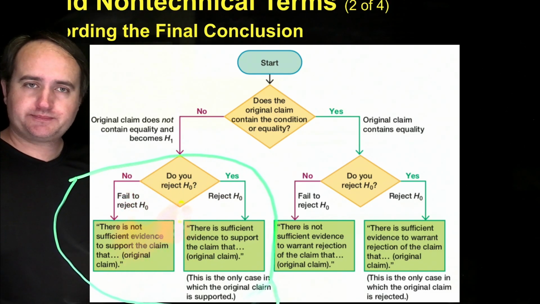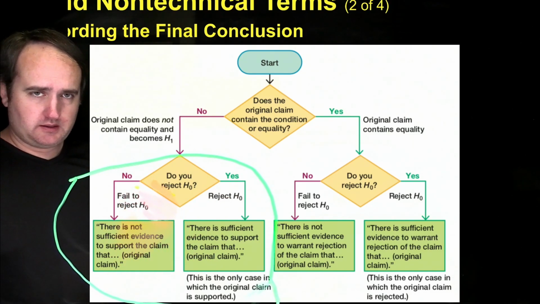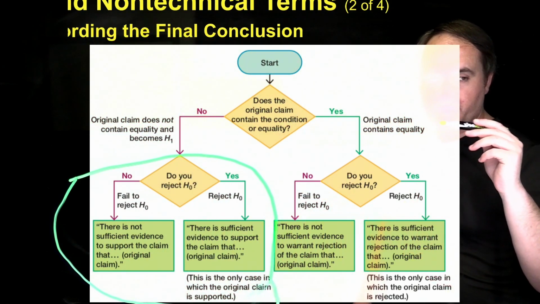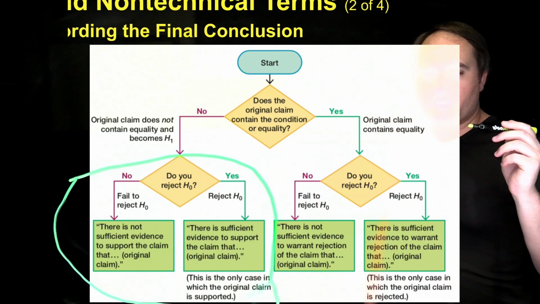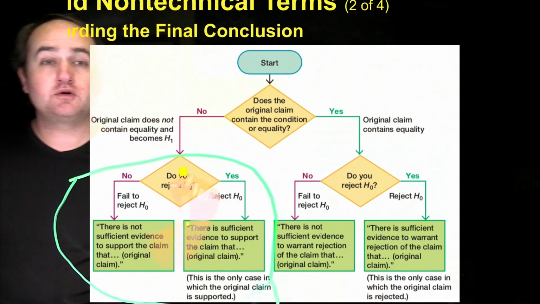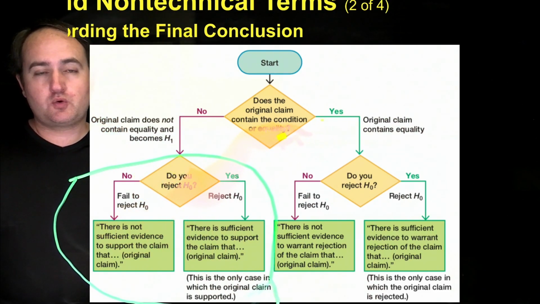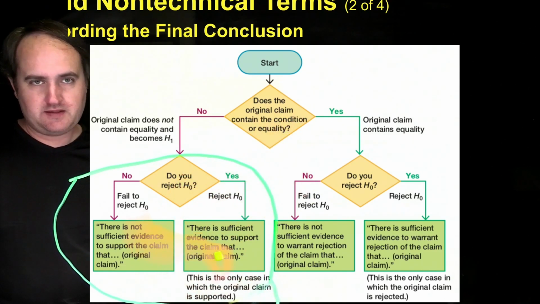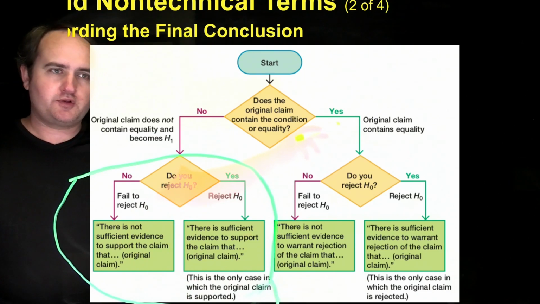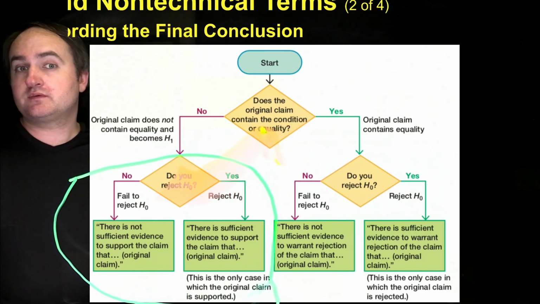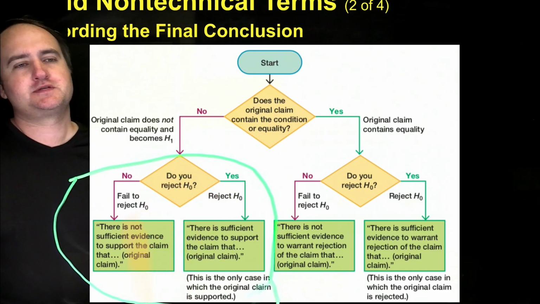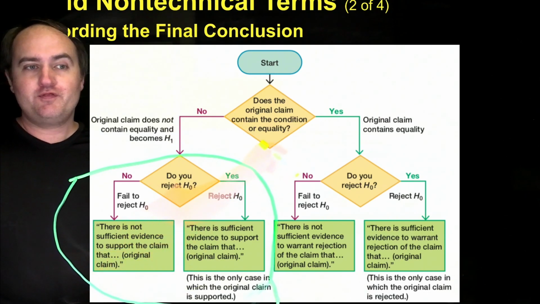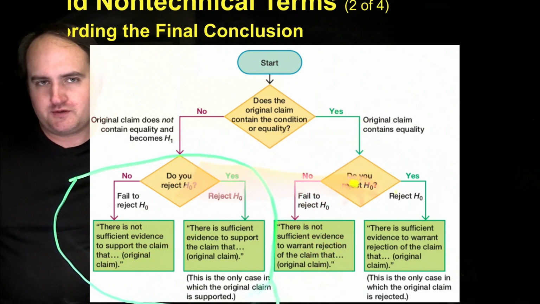But just in case you have to do statistics for another course or out in the real world, you can also refer to this right branch. This would be an unusual case, but if your original claim actually contained equality, they don't really cover that in our book, in this section anyway. If your original claim contained equality, in other words, it was the null hypothesis in a way, but it's actually the claim, then you would refer to one of these two cases.